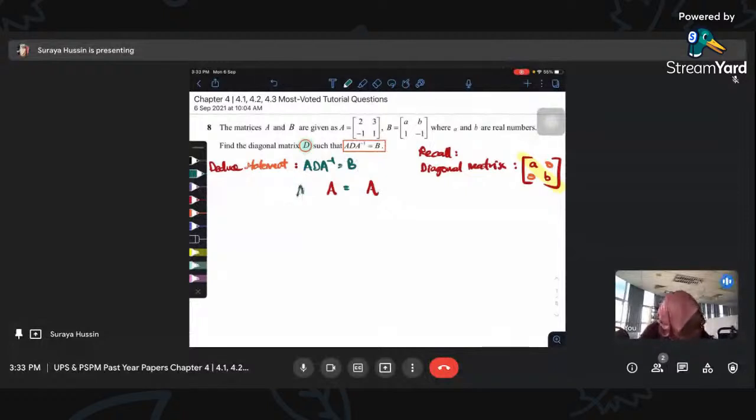I'm doing ADA inverse times A, while B will be multiplied by A. I multiply A on both sides. Both sides, same position. Same position means at the back. I multiply A on both sides, at the same position at the back. It cannot be one at the front and one at the back.